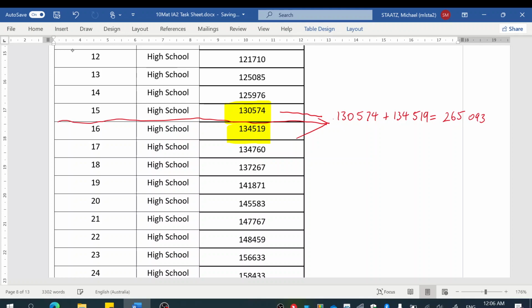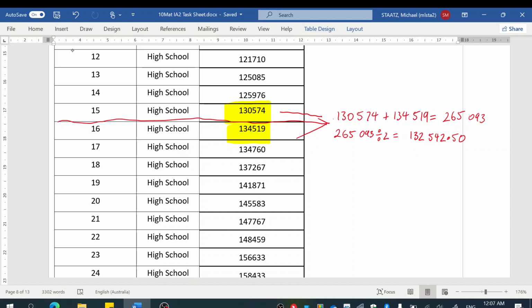I then take that number and I'm going to divide it by 2. 265,093 divided by 2 on my calculator gives me 132,546 and 0.5, but because we're all talking about money, I'm going to make it 2 decimal places. So my median is $132,542.50.